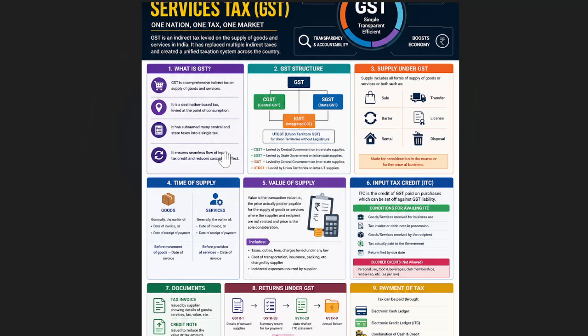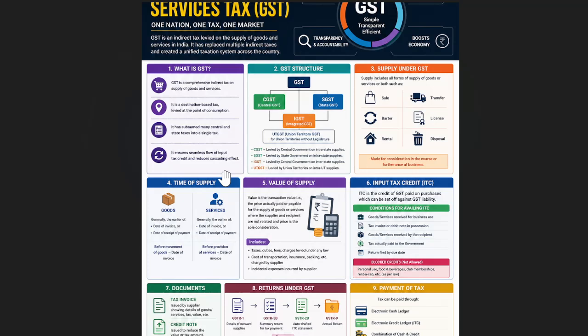Earlier to July 2017, there were a number of taxes like excise, VAT, octroi, etc., which have been merged into one tax which is called GST. It ensures a seamless flow of input tax credit and reduces the cascading effect.